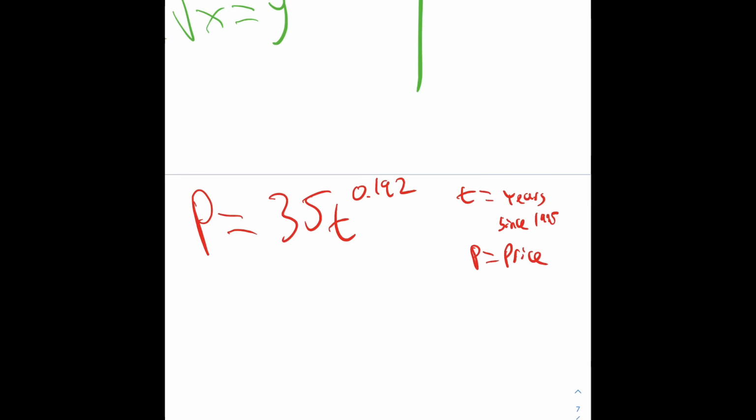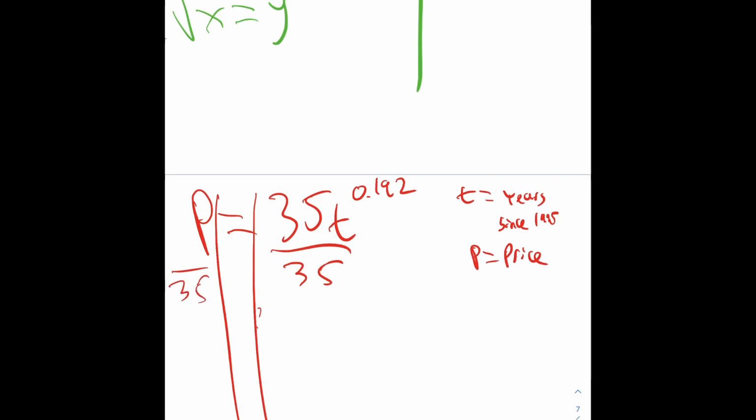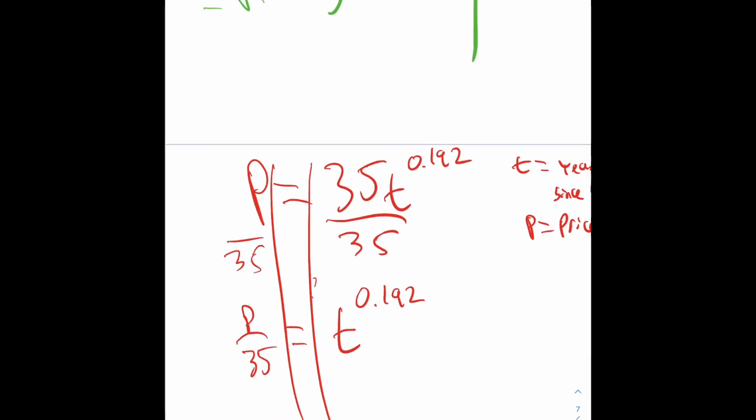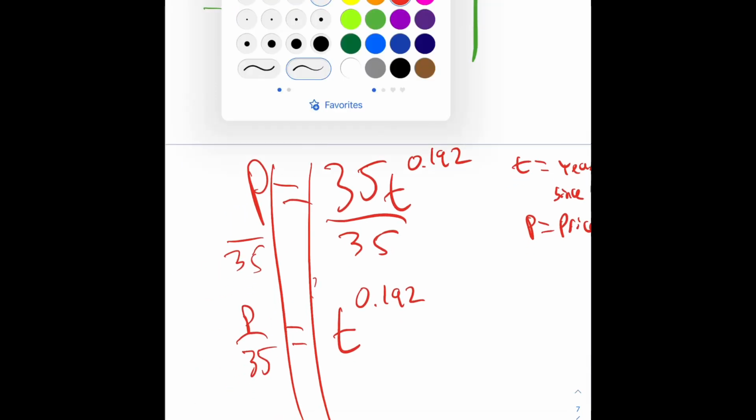To start off, I'm going to work in reverse order. So I've got 35 multiplied by t. So to get that out of there, I need to divide both sides by 35. So P over 35 equals t to the 0.192. And what I need to do to counteract this is raise each side to the power of 1 over 0.192.